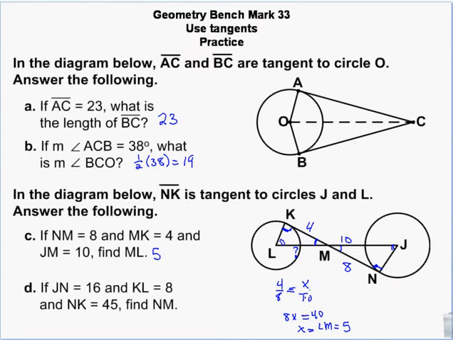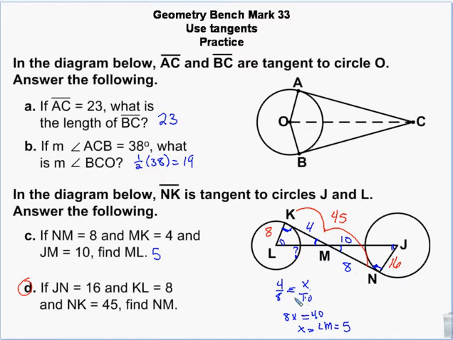And then if I relabel those with red for this problem, JN is 16, KL is 8, and NK, this whole long thing between there and there, is 45. And I want to find this part of it.